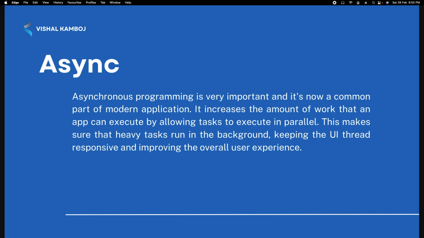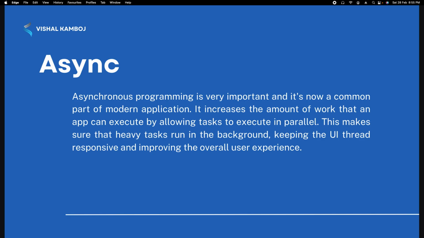Asynchronous programming is very important, and it's now a common part of the modern application. These are very important things for new students who learn to build apps in Kotlin. First they need to understand async programming.